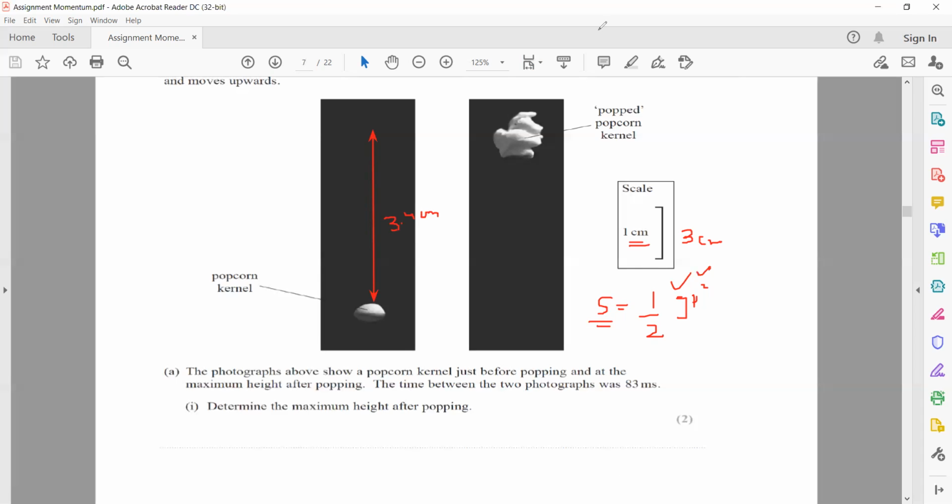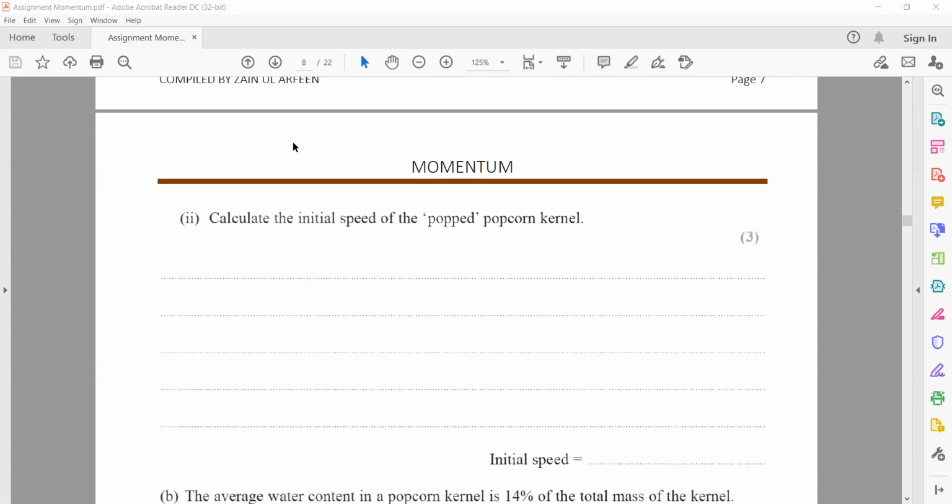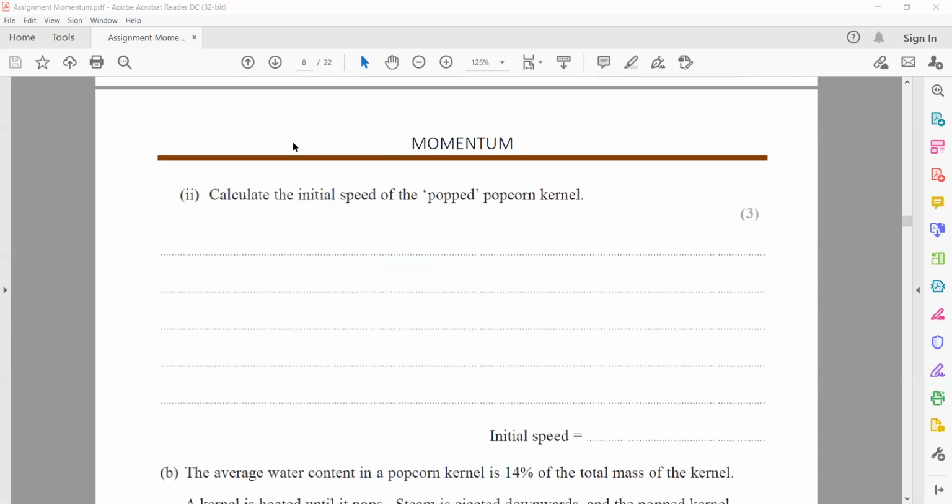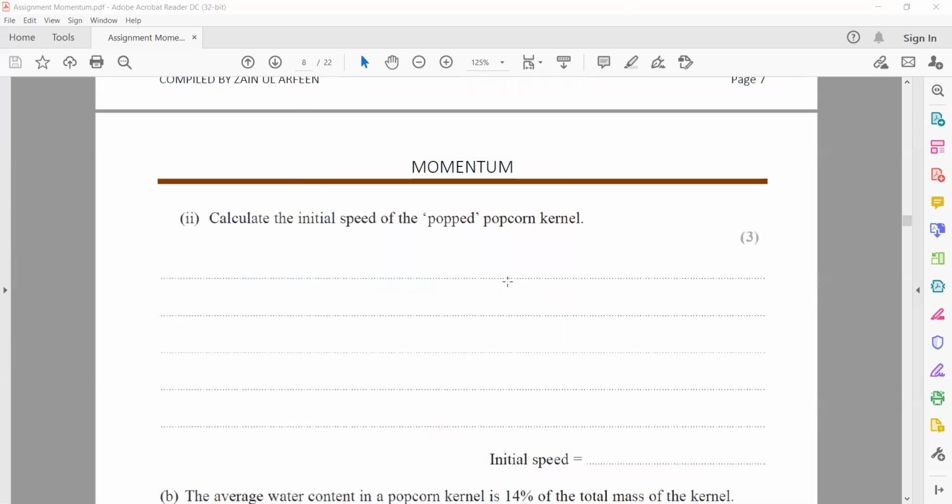The next part, calculate the initial speed of the popcorn kernel. So how can we work out the initial speed at which this kernel popped? Here kinetic energy changes to potential energy, so K is equal to P, and kinetic energy is half mv square and potential energy is mgh.